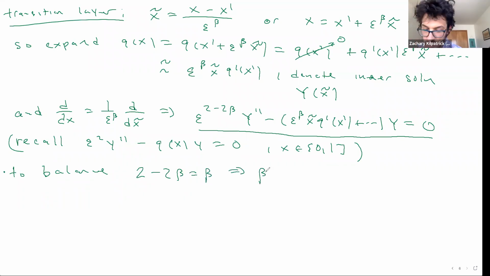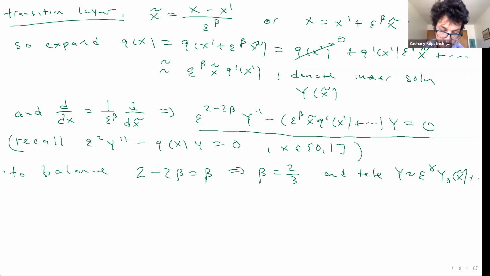So our transition layer is going to have an epsilon scaling of epsilon to the 2/3. And then we'll take y to be potentially some different scaling in terms of its amplitude.